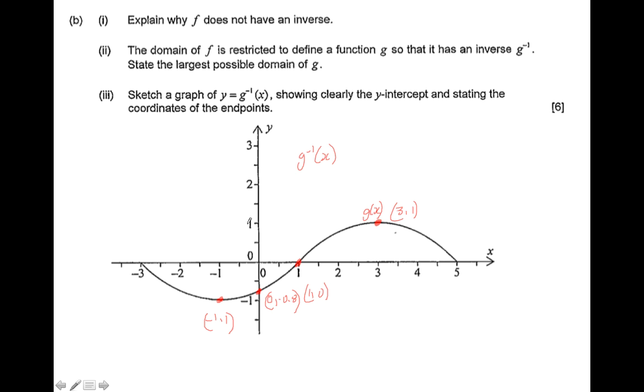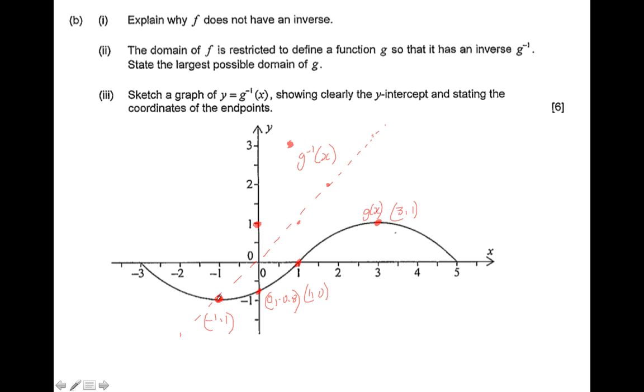Okay, it looks like this is drawn to some sort of scale, so we could put the y equals x line in here. That might help in terms of the structure of the answer. So this would be the line y equals x, and we know that the inverse is a reflection in this line. 3, 1 here becomes 1, 3. 1, 0 becomes 0, 1.